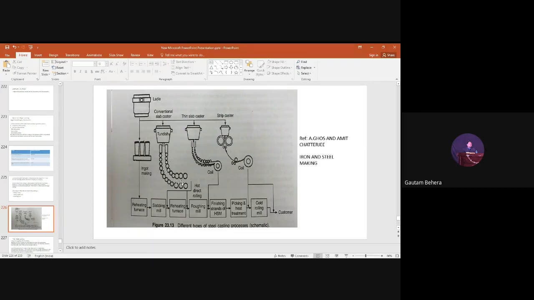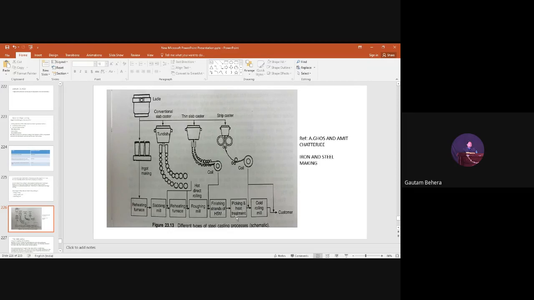From continuous casting, you can see we are directly generating a slab. Here we are getting a slab, and the slab is reheated in the reheating furnace. Then after it is reheated, it goes to the roughing mills for the reduction in thickness. After that, it goes to the hot strip mill for further reduction in thickness to get a strip.